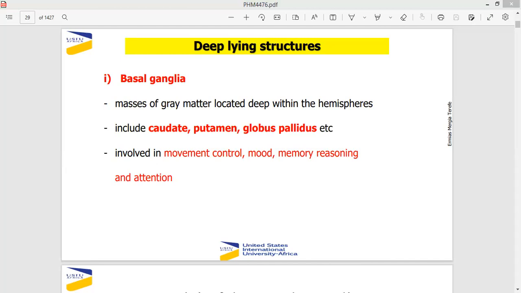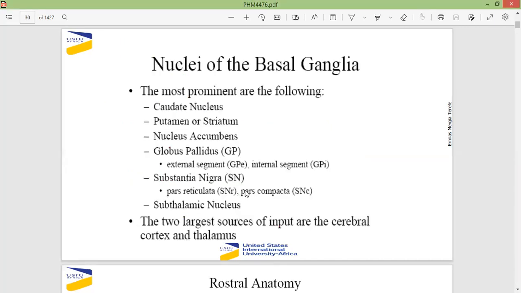It has some nuclei, and one of them is the substantia nigra. I think it's the one that is affected during, I'm trying to remember, Parkinson's disease. Yes, exactly.